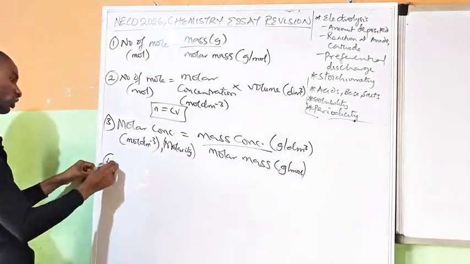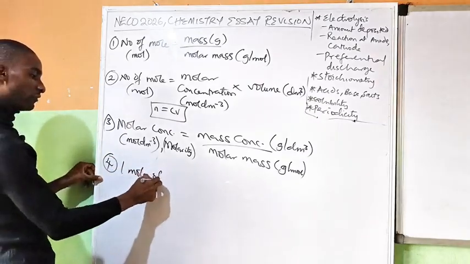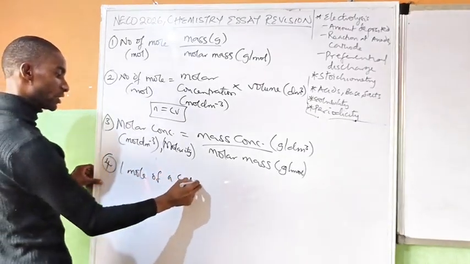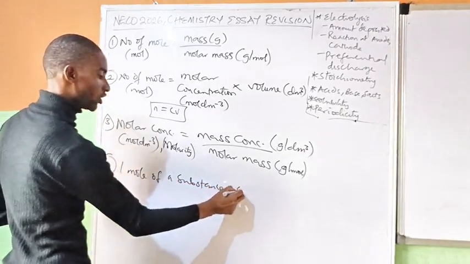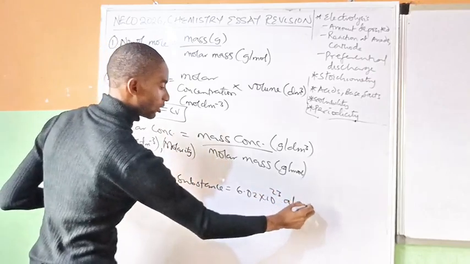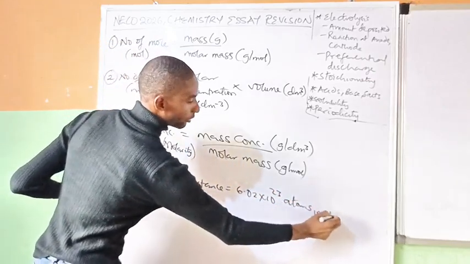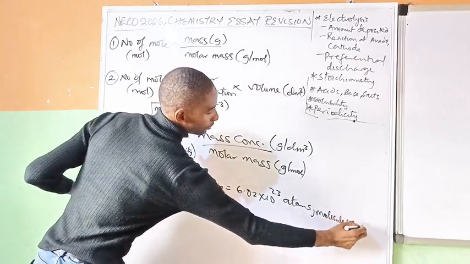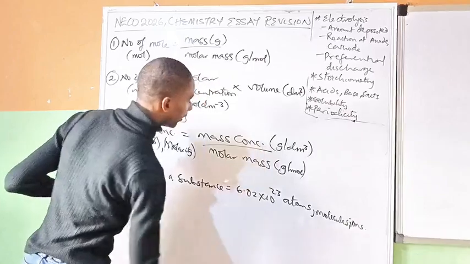Then the 4th equation is 1 mole of a substance is equals to 6.02 times 10 raised to 23 atoms or molecules or ions. They can ask you to calculate the number of ions.